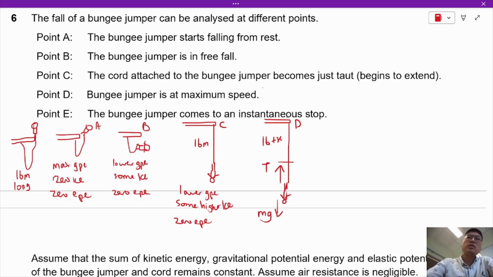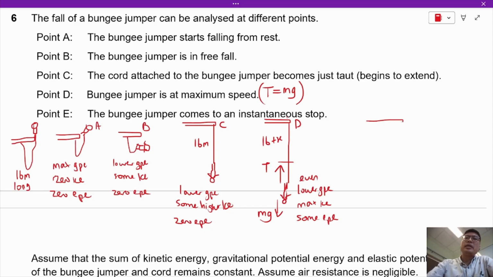When the tension equals the weight of the bungee jumper, that is maximum speed, just like how terminal velocity works. So over here, it has even lower GPE, maximum KE, and then some EPE.